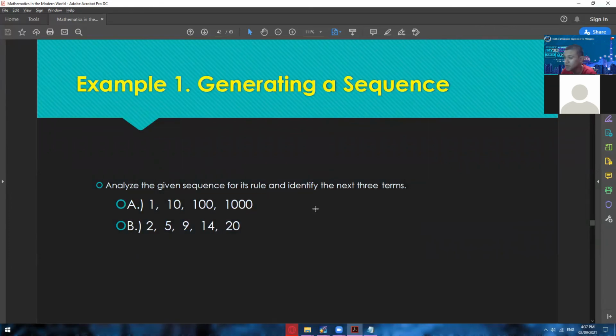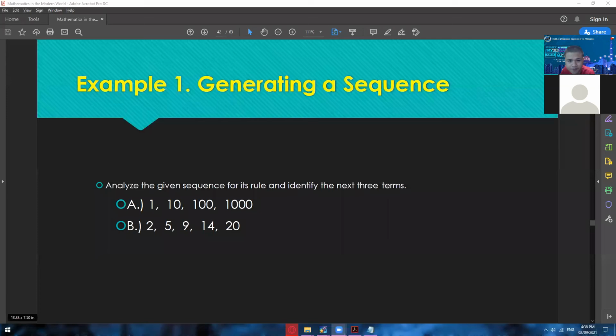So anyone who would like to answer, what are the next 3 terms on this one? This is the first term, second, third, and fourth. So what is the 5th, 6th, and 7th term of letter A? Okay, what about the other 2 terms?